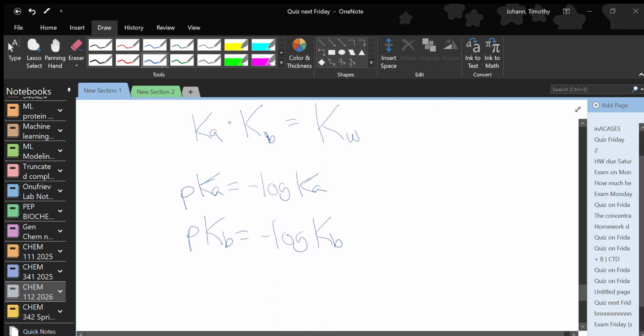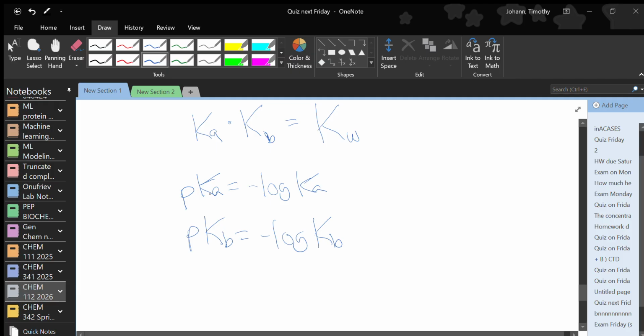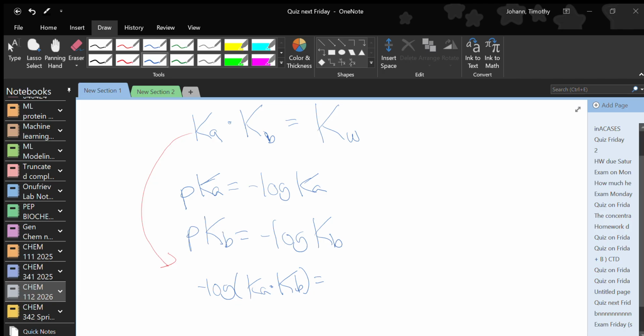Okay, so I can go up to this equation up here, and I can take the negative log of that. So I can take this equation, and I can say the negative log of Ka times Kb is equal to, all right, if I have the log of something times something, what can I do with that? I can break it up and add them together, right?